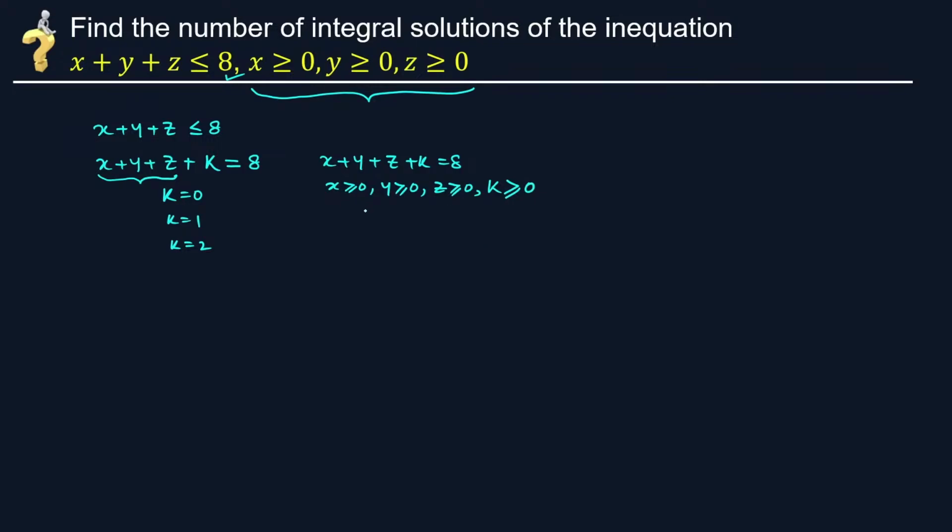So now I am free to apply my Beggar's method or the partition method. In this case, the total number of solutions will be 8 plus 4 minus 1 C 4 minus 1. That gives us 11C3, and that will be your answer.